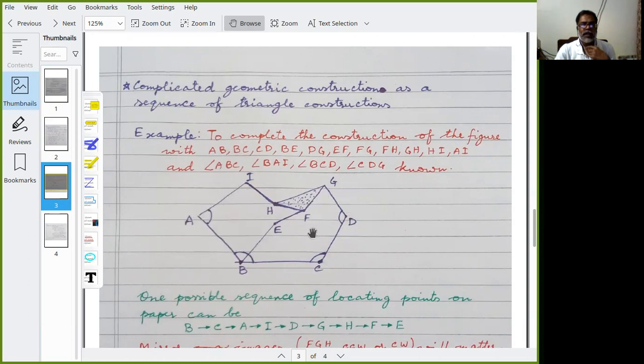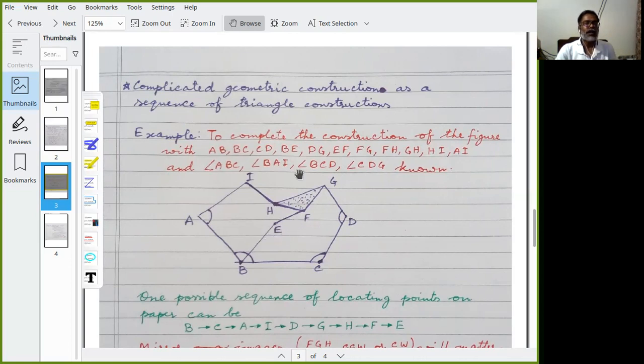AB known, BC known, CD known, DE known, then DG known, EF known, FG known, FH, GH, HI, these are known. And these four angles are known, and this angle, this angle, this angle, and this. This much is known. BI is not known. AE is not known. So whatever is not drawn is not known.